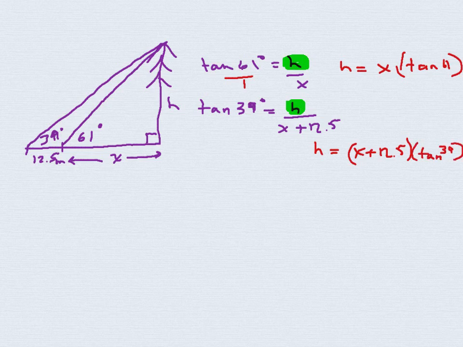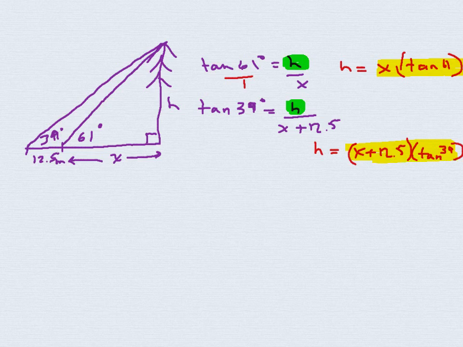Well, as we know, the height of the tree is the same in both diagrams. The tree is the tree. So we can then take our equation and rearrange it, because we know that h is equal to x times the tan of 61, but h is also equal to x plus 12.5 times the tan of 39.